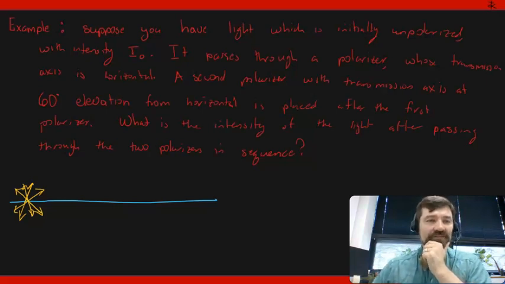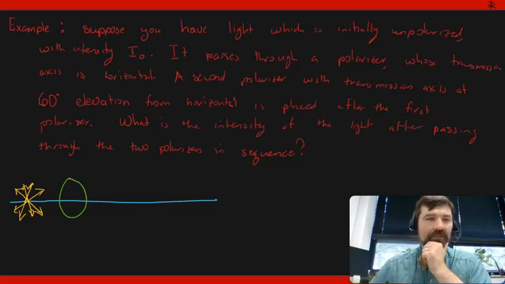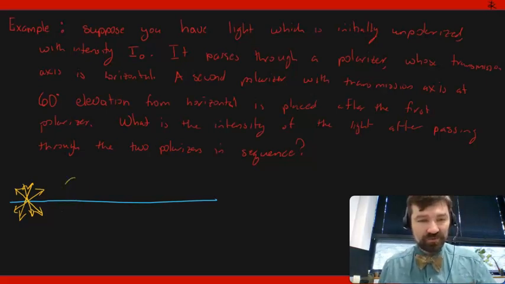Then I have my first polarizer right here, and the polarization direction is horizontal, like so. So this will represent my horizontal, and actually maybe I will draw it as if we're just looking at it face on. And so this horizontal direction is basically like so.